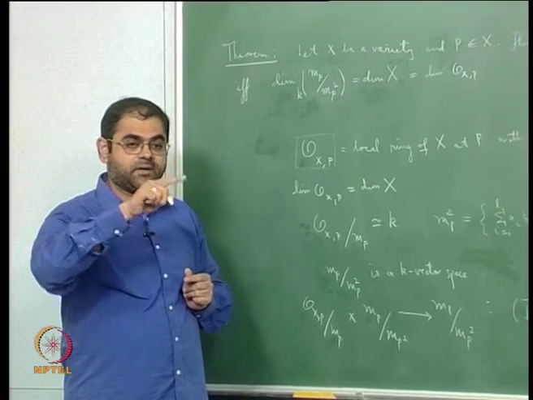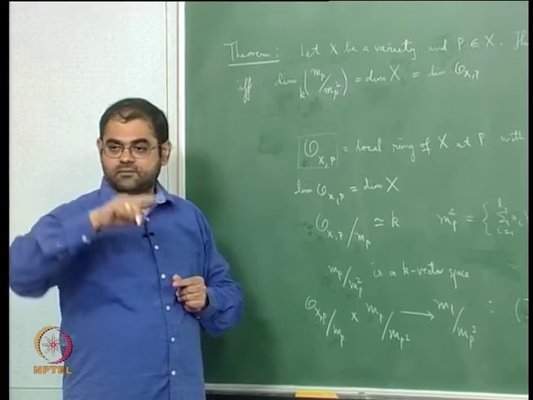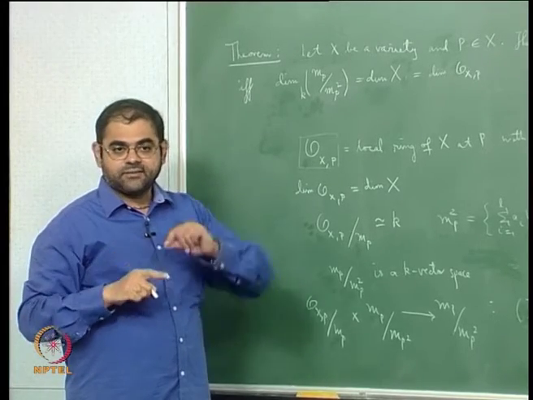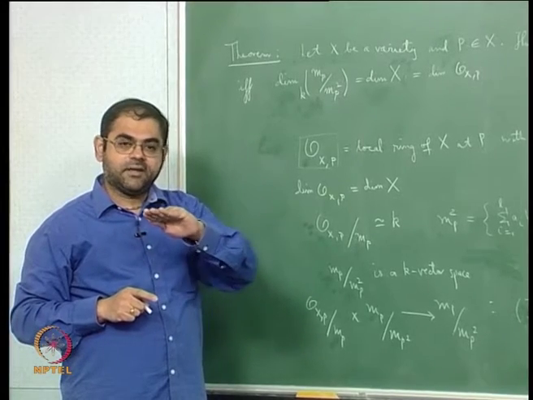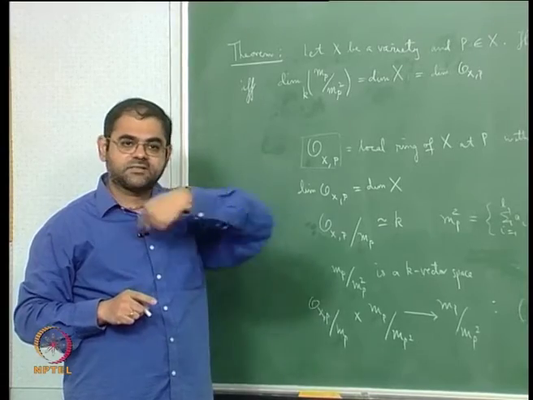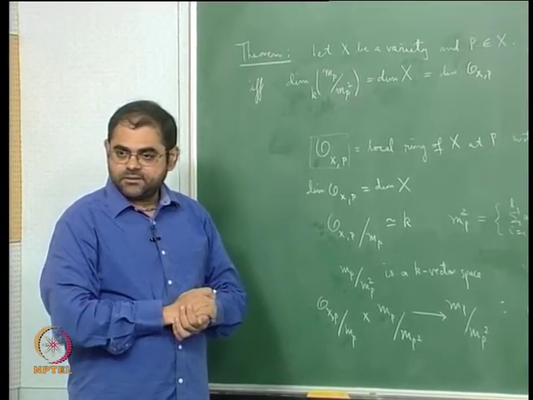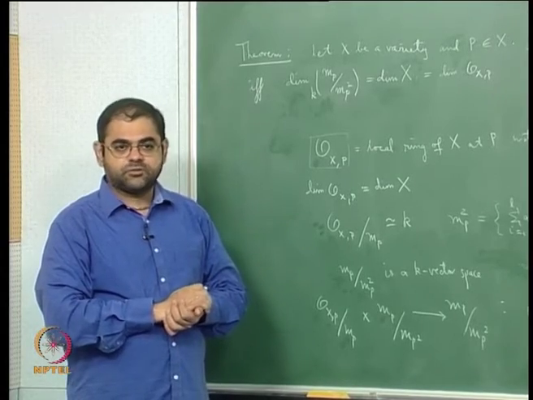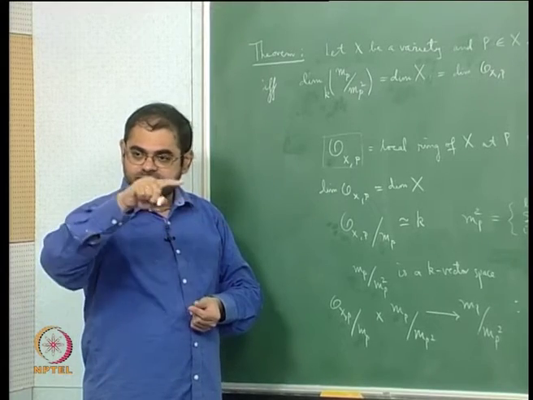You take a point, you draw a curve through the point, and then you draw the tangent to the curve at that point. Then like this you try to fill a neighbourhood of the point by curves, draw tangents, and take the space of all these tangents; that is the tangent space. So it involves the usual facts from calculus, thinking of curves passing through the point and drawing tangents.